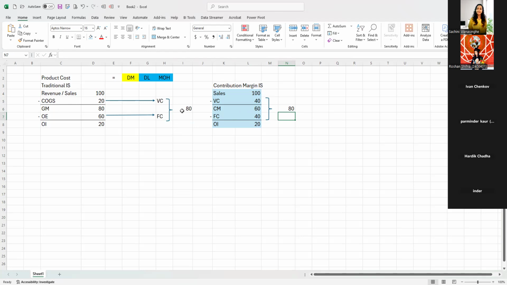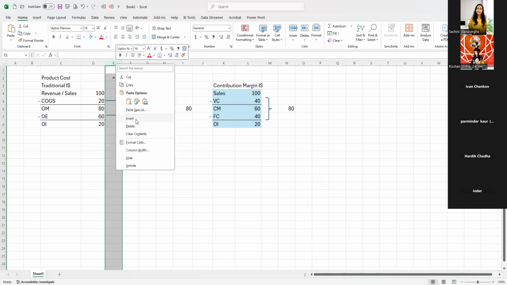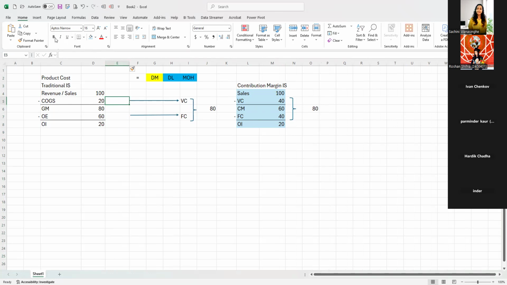How much is the total? 80 again. Am I changing the cost? No. Am I changing my sales? No, same. Am I changing my operating income? No, same. I'm changing the way I see the costs. I'm changing my cost classification and moving them only based on the way they behave. That's all.